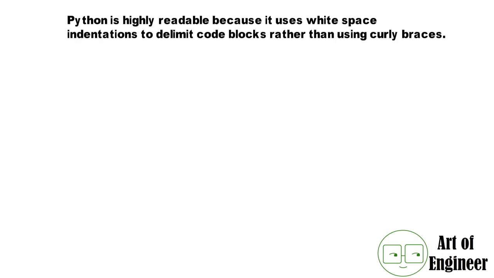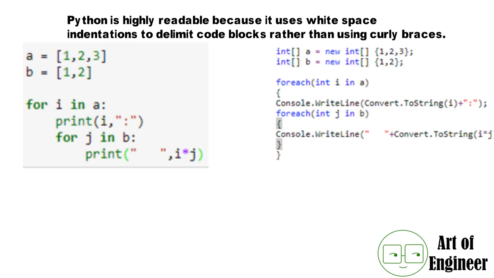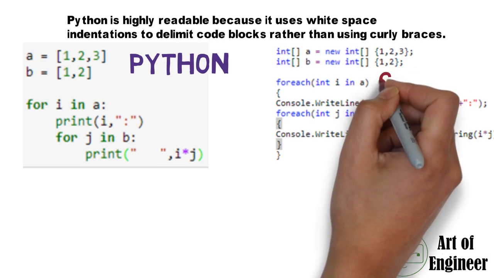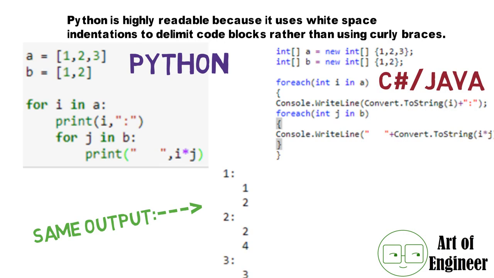Python is highly readable because it uses white space indentations to delimit the code blocks rather than using the curly braces. Let me try to show what I mean to say. The left side is a Python code and the right side is a C# or Java code. Both codes produce the same output, but we can see that Python does the same job with a minimum number of lines.